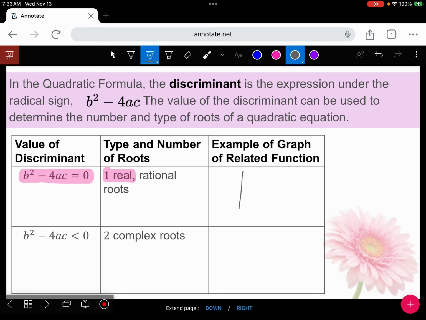And what this looks like when we graph it is a parabola that just bounces off our x-axis. We only have 1 root. That guy will also be our vertex every time. So if we have a discriminant of 0, our vertex is our root.